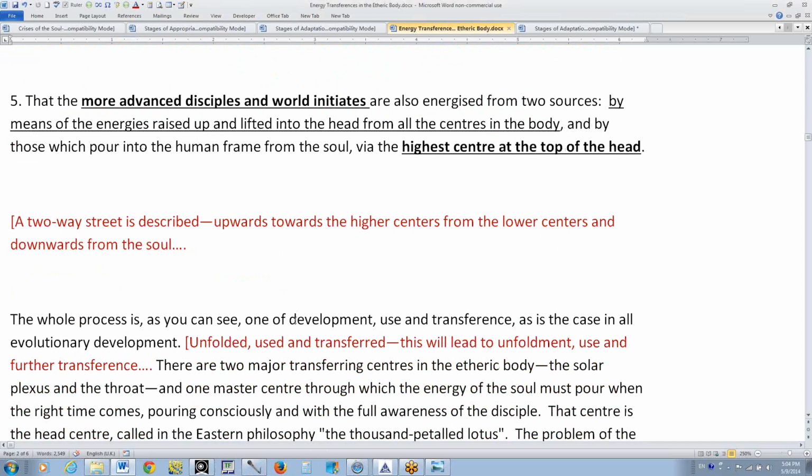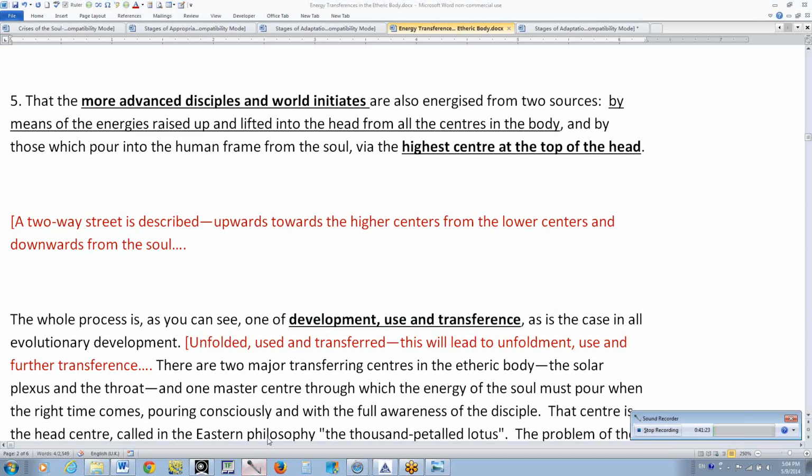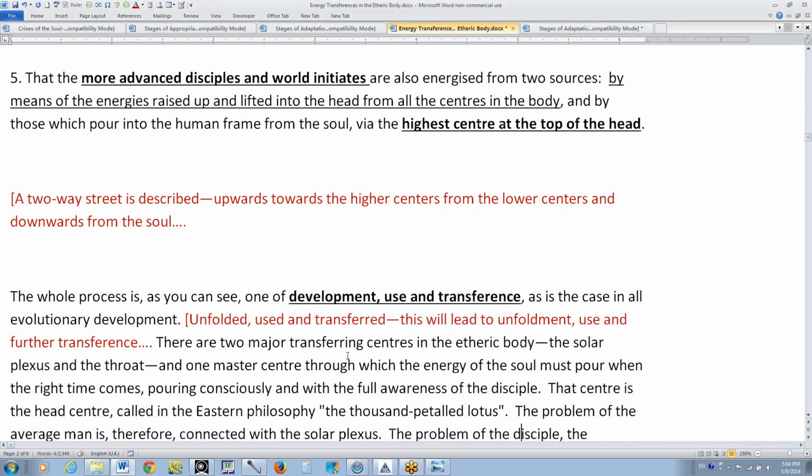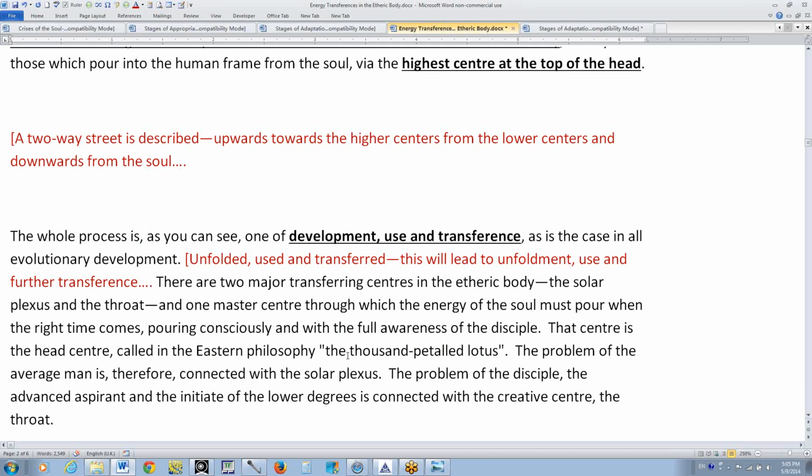The process is one of development, use, and transference. Yes. And the transferring centers in the etheric body, the solar plexus, and the throat. So these are synthesizing centers.